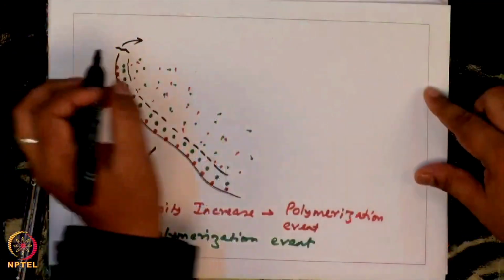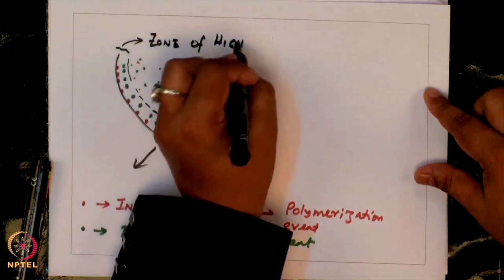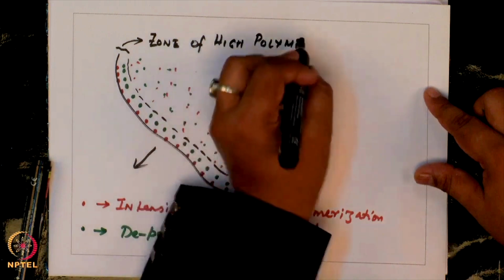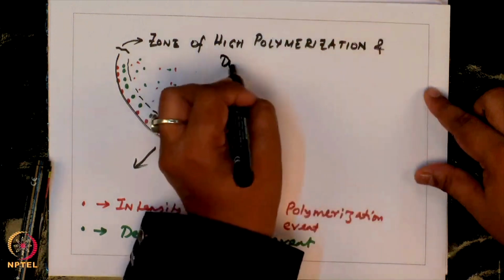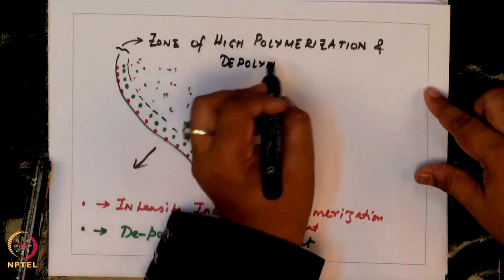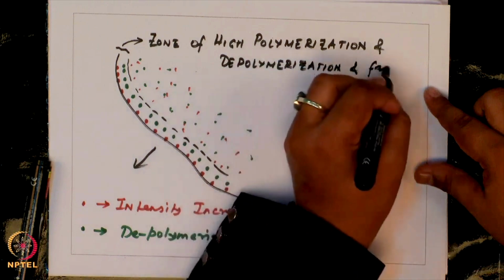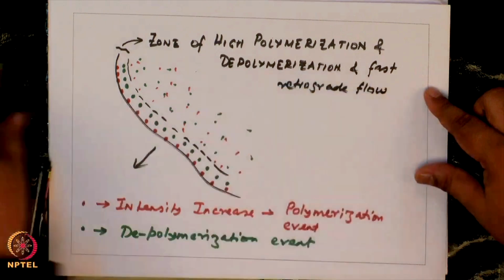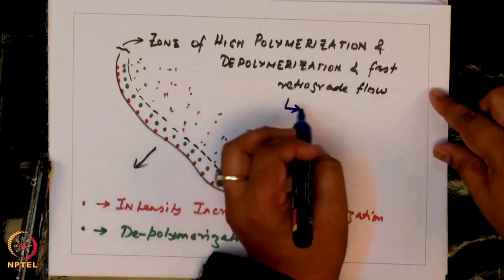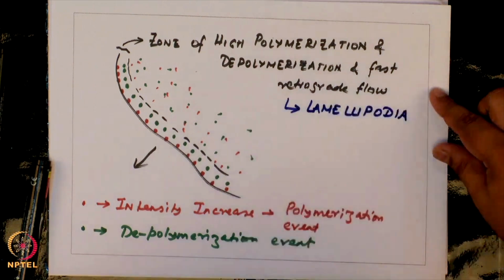So, what the authors did was call this zone, the zone of high polymerization and depolymerization and fast retrograde flow, the lamellipodia.